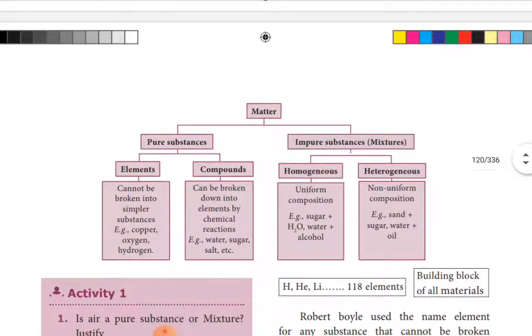Matter is classified into two types: pure substances and impure substances. Pure substances are further classified into elements and compounds, and impure substances are classified into homogeneous mixture and heterogeneous mixture.